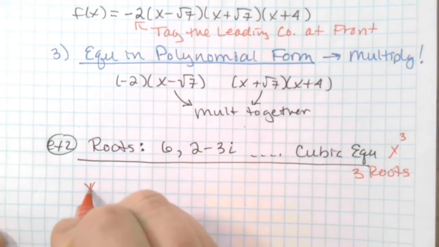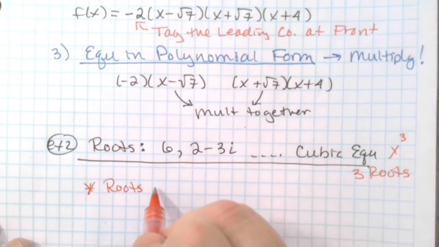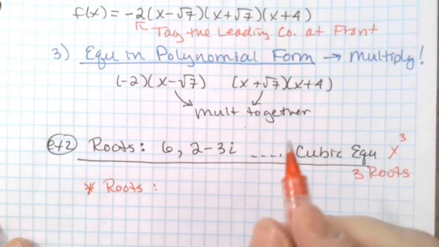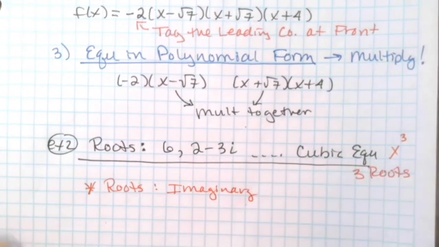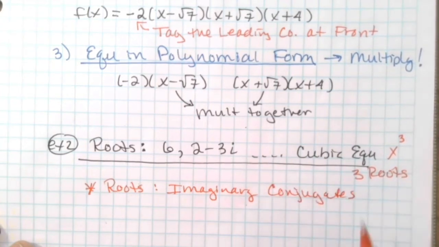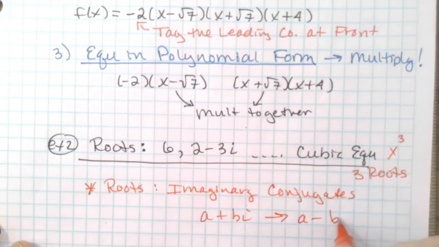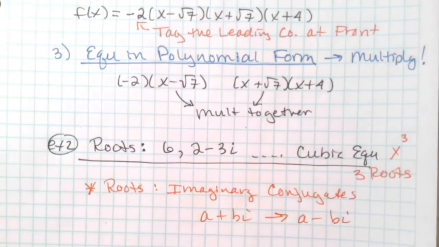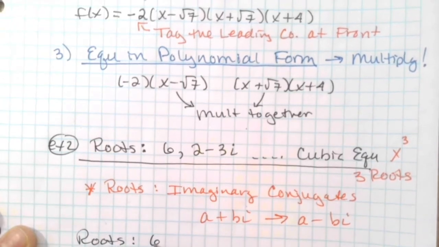What they expect you to remember is that roots that are imaginary have imaginary conjugates. So if a plus bi is a root, a minus bi is a root. So as a result, your roots are 6, 2 minus 3i, and 2 plus 3i.